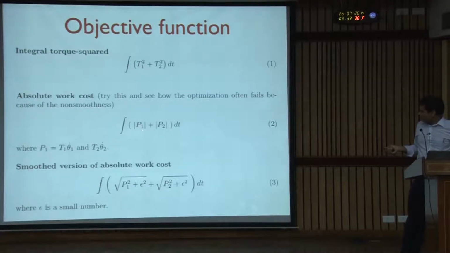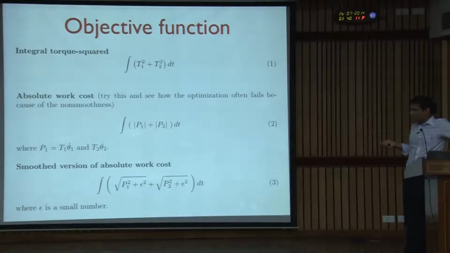Something that's better for animals, and a better model of animal and human energy cost, is the integral of, let's say, the absolute value of the mechanical power at each joint. It's actually more like some constant times positive work, some constant times negative work, but let's just say it's absolute value. But immediately alarm bells should go off because absolute value is a non-smooth function.